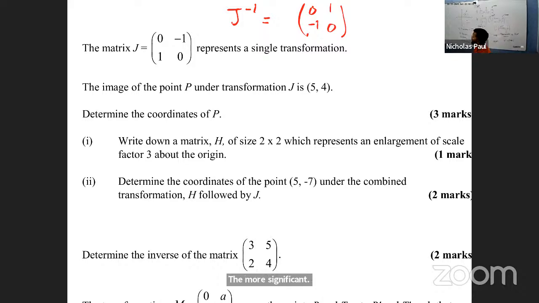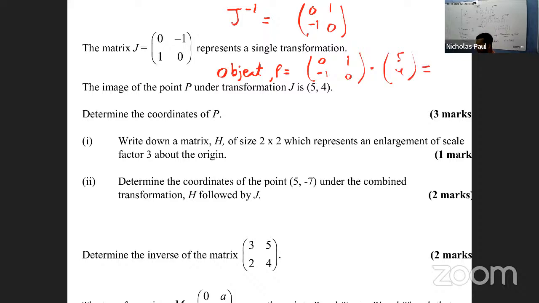Take your time and find J inverse, and then find the object. Find the inverse and then multiply it by 5, 4 and tell me what you get.